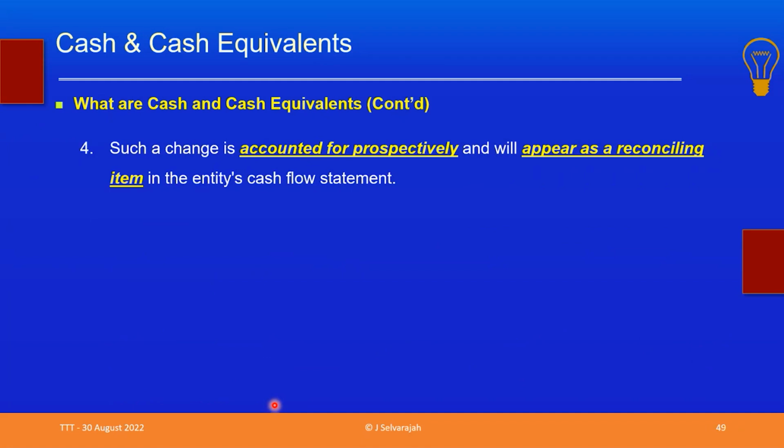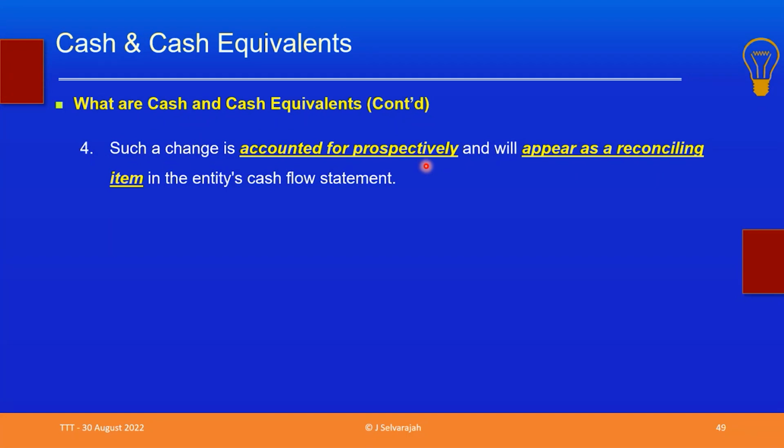So in the statement of cash flow, in the cash and cash equivalent, we will no longer put it under cash equivalent. We will not put it under cash and cash equivalent, but rather change it to an investment. And that is called accounting for it prospectively, because we just made the change.